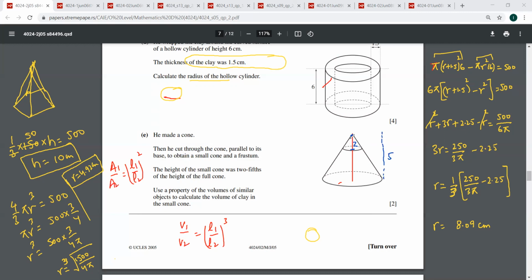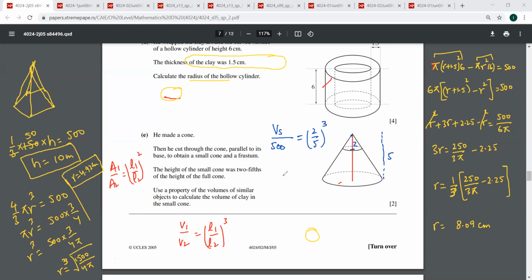So can we say that the volume of the small cone over the volume of the bigger cone, which we know is 500, is going to be equal to 2 over 5 cube? Yes, that is the ratio between their corresponding sides.